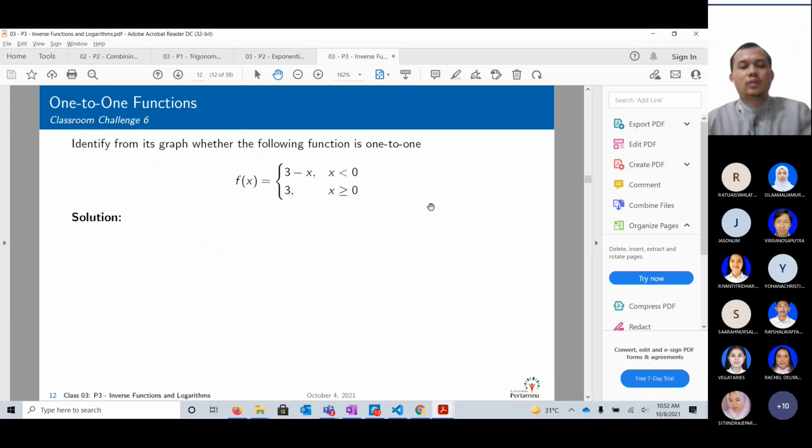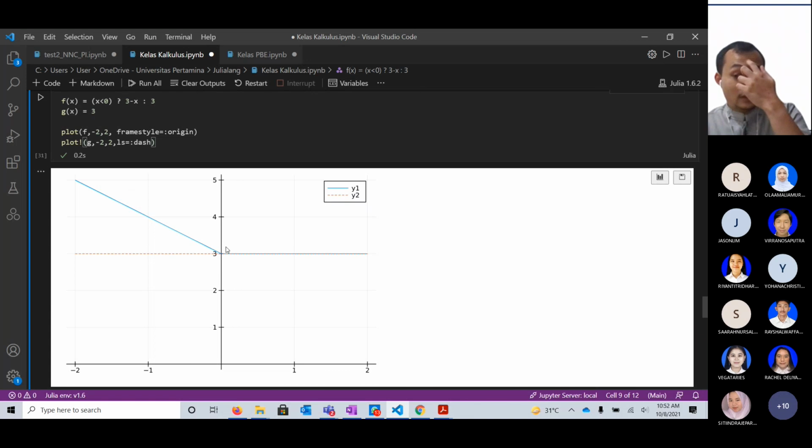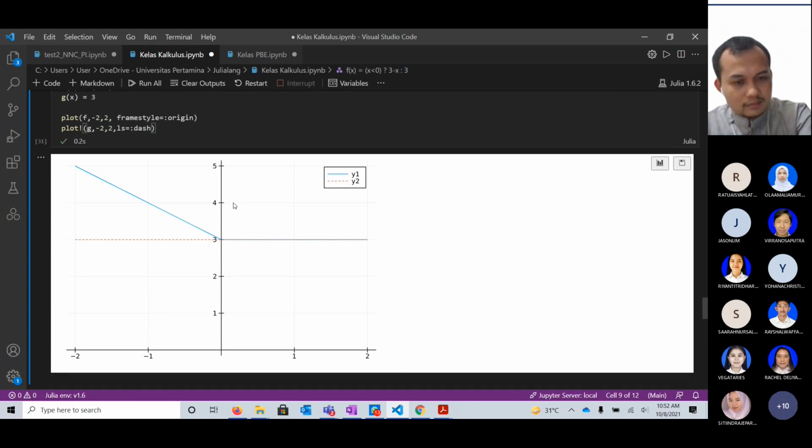But my next question is, can we make this function f of x 1-to-1? How to make it 1-to-1? It is actually quite clear from this picture. It is similar to the sine function. How to make the sine function 1-to-1? We restrict the interval. So we can make this function 1-to-1 if we restrict the interval where?